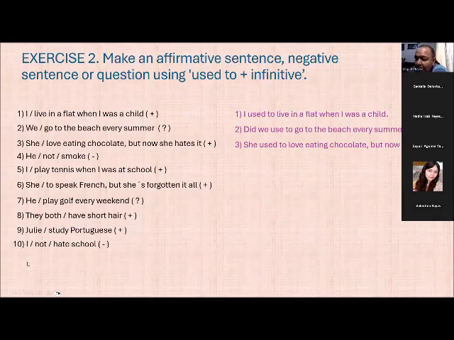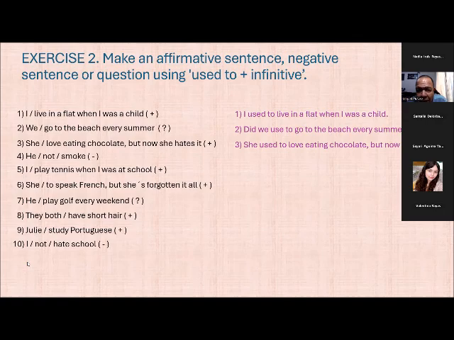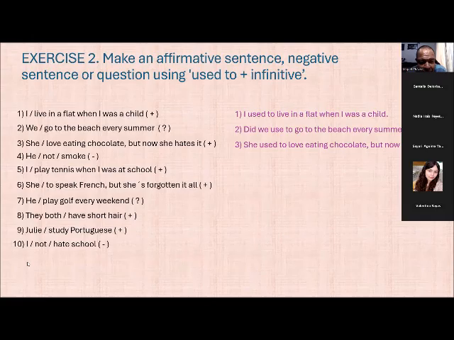Number 4, who can help us with number 4, please? Please, Nadia, help us. He didn't use to smoke. Yes, you're right. He didn't use to smoke.